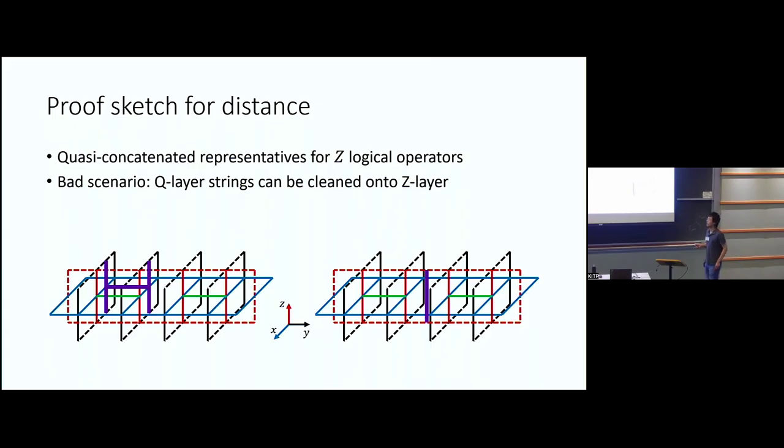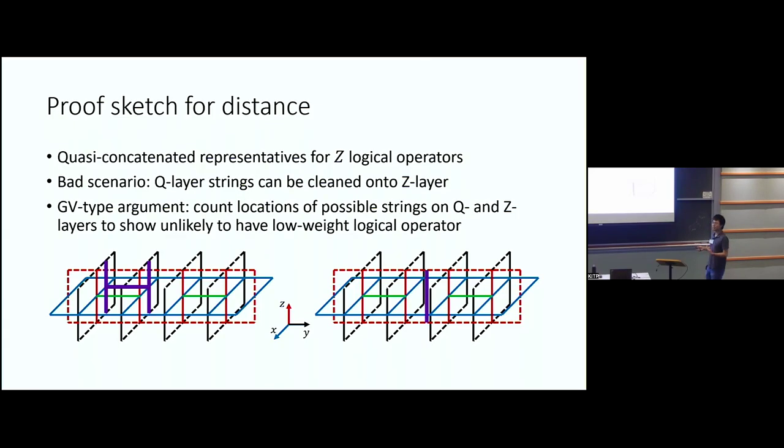So sometimes this can happen, but what we do is use a GV type argument where we're just counting the possible locations of all possible strings, or all possible arrangements not having too many strings. And we show that all of these arrangements are unlikely to coincide with one of the actual logical operators of the code. So that basically shows that there's no low weight logical operator.